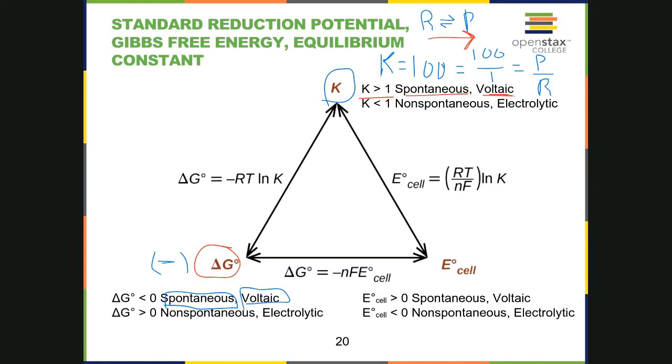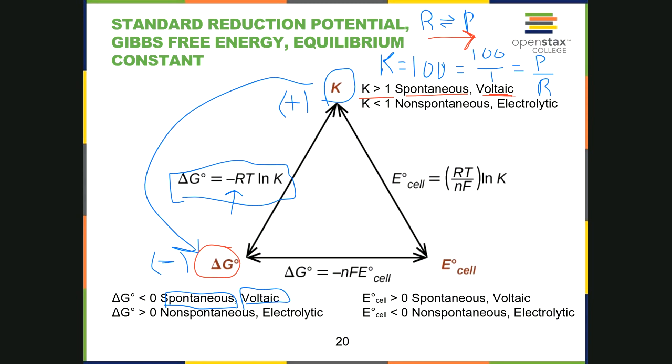So now we want to take these two here and relate them to each other, and we do that with this equation. And you saw this before, that there is a negative sign in the equation. So a positive large number for the equilibrium constant would then convert to a negative value for the Gibbs free energy.